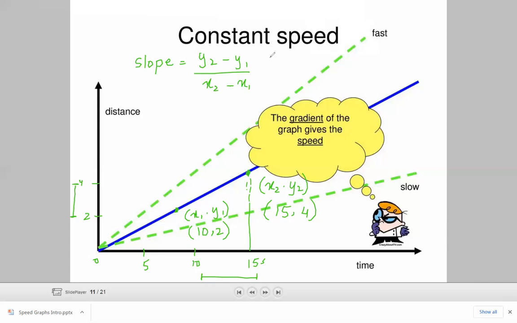So putting in the values, 4 minus 2 divided by 15 minus 10. That is 2 over 5.